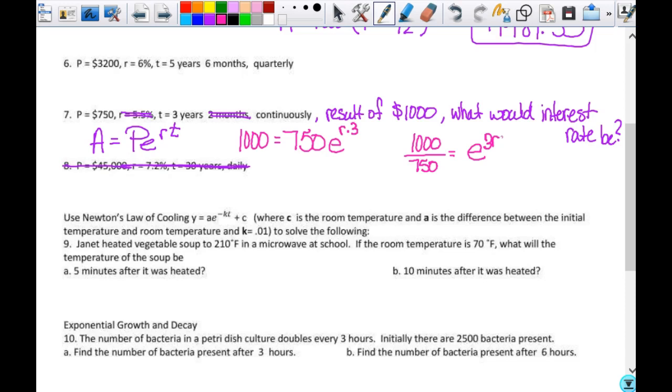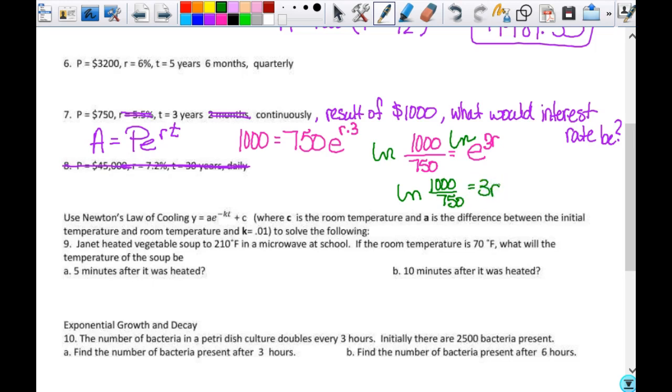Natural log. To get rid of the e, I can take the natural log of both sides. When I do that, what's the natural log of e to the 3r power? 3r, because the natural log of e is 1. So when I take the natural log of e to any power, I'm just left with that exponent. So I get the natural log of 1,000 over 750 equals 3 times r.